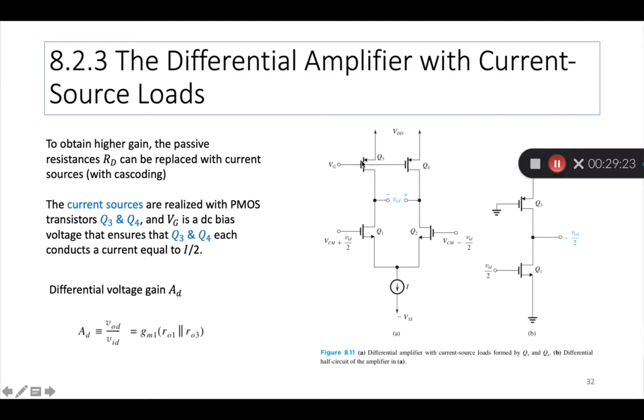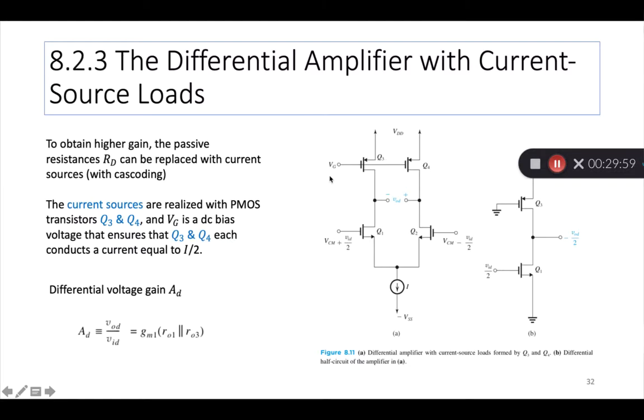We were told that if you use such a current source load, first of all, the nice thing is that in integrated circuits we don't like resistances, so you can get rid of a resistance by just having one more active device, the PMOS. So that's one big benefit. Second benefit is that your gain can be improved by using current sources, but we also studied that you need cascading.